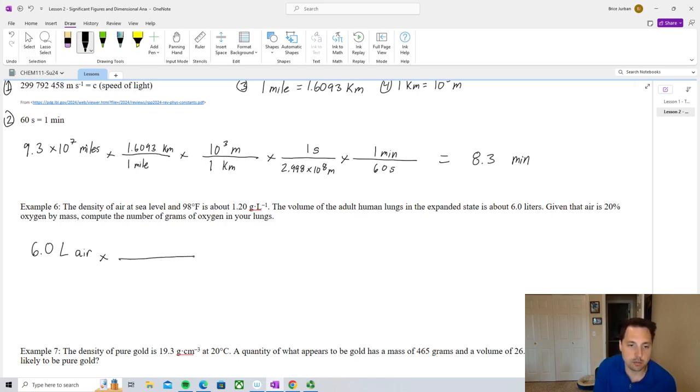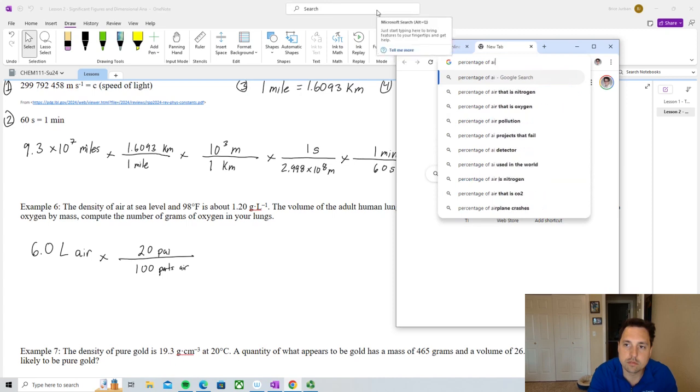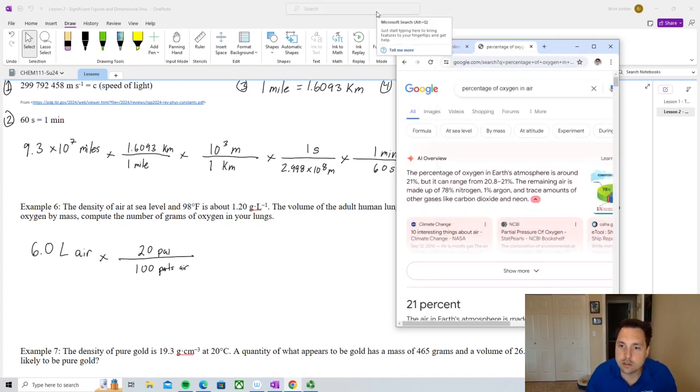And the way I'm going to do that is I'm going to say, well, in 100 parts, so percentage is like this as a part of a whole, so 100 parts of air, there's only 20 parts approximately of oxygen. Let's be a little bit more accurate. Let's look this up. Let's say it's 21.